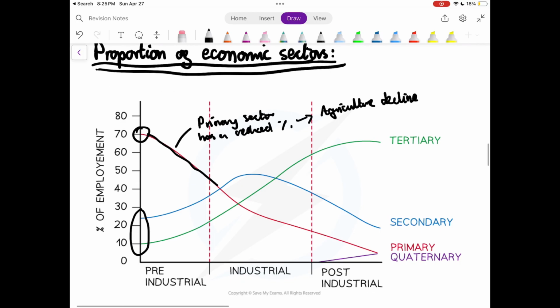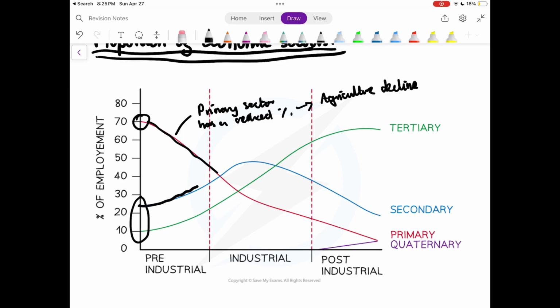And therefore, the secondary sector, as you can see in the pre-industrial period, starts to increase. So there's an increase in the secondary sector, and therefore this will lead to factories being built.